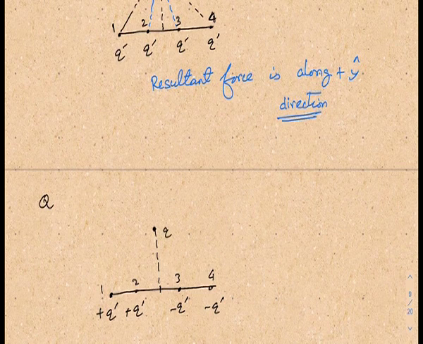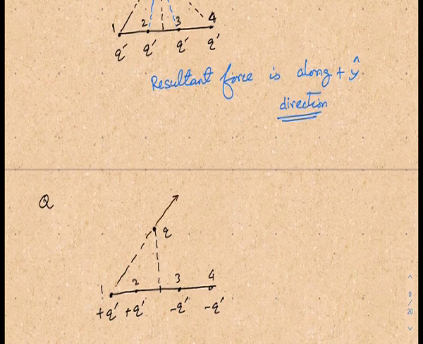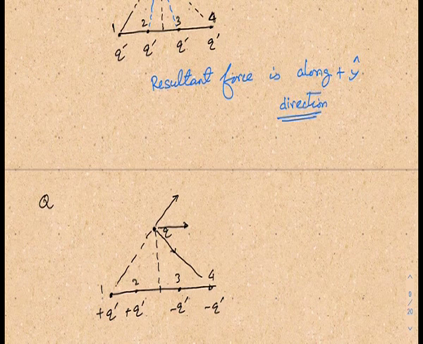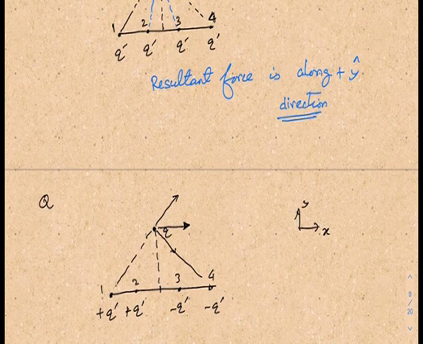Now if you look at it, because of this, again the force would be along this direction, and because of this the force would be along this direction. So the resultant would be along this direction, along the x direction. But then what about due to position 2?